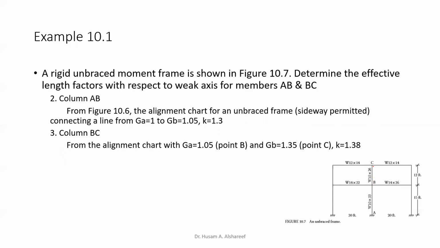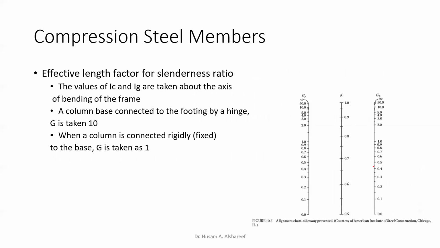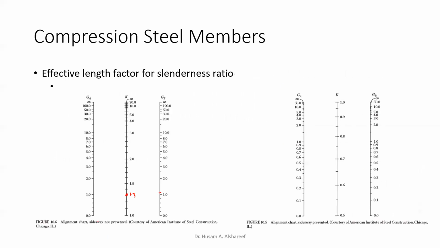And if I go back, it's 1.05, so I'm just going to say it's something like here, and 1.35. If here in the middle is 1.5, then I think 1.35 should be here.